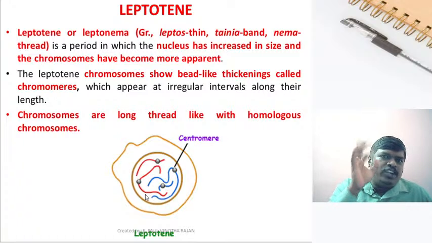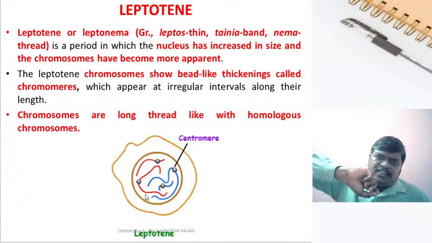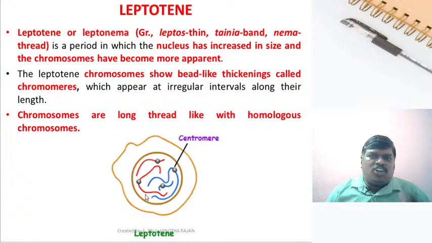That's called leptotene. Now the chromatin threads are clearly visible as thread-like structures. And you can see that these chromosomes have a bead-like structure. That bead-like structure is called the centromere. The centromere divides the chromosomes into 2 chromatids.